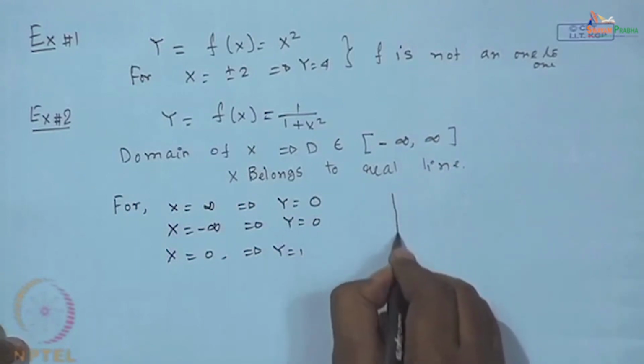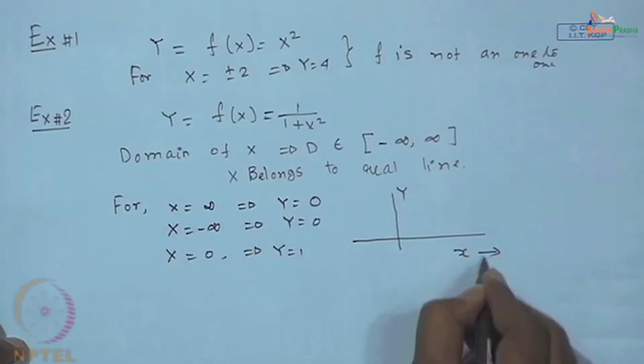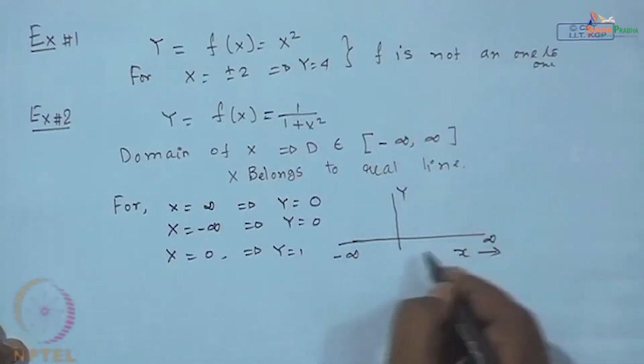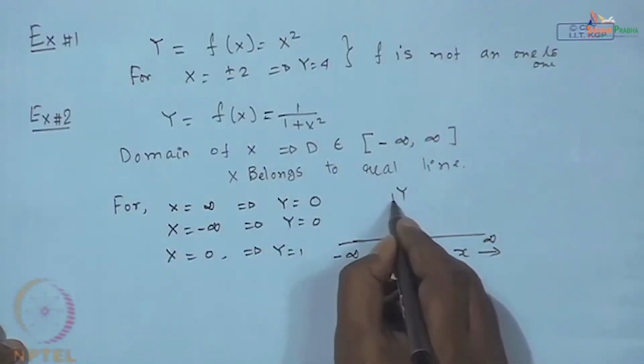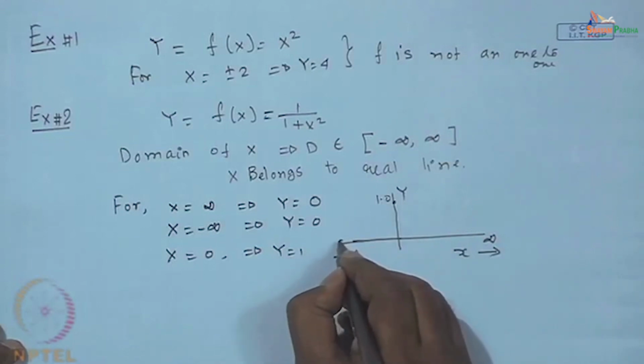So, if you plot y as a function of x, in one case it is minus infinity, in another case it is plus infinity, and for x is equal to 0, its value is 1. The curve looks something like this.